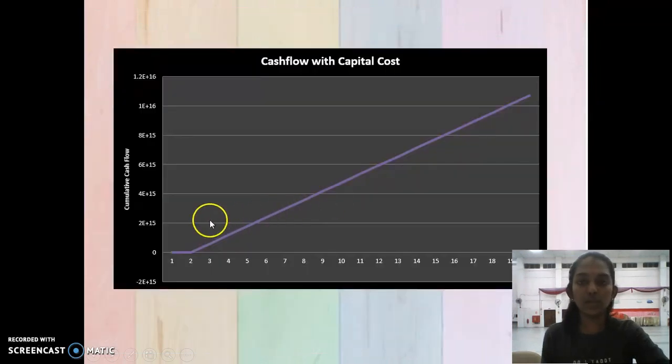So this will be our graph where for the first 2 years there will be no cumulative cash flow because we couldn't see any profit there, and then the profit increases tremendously for the following years till 20 years.